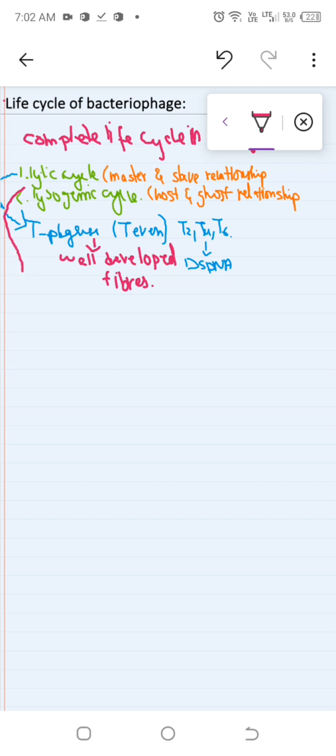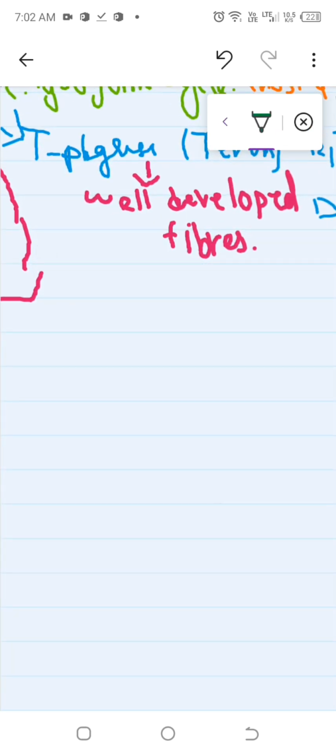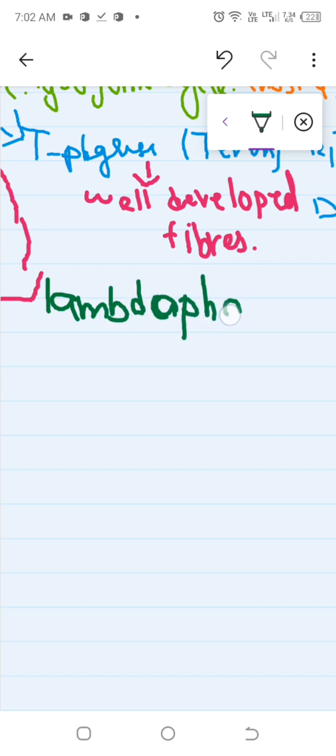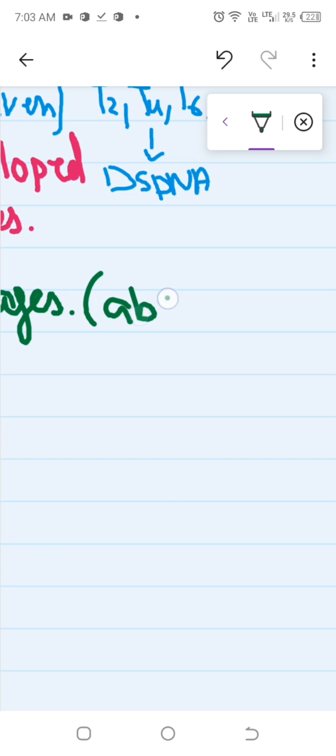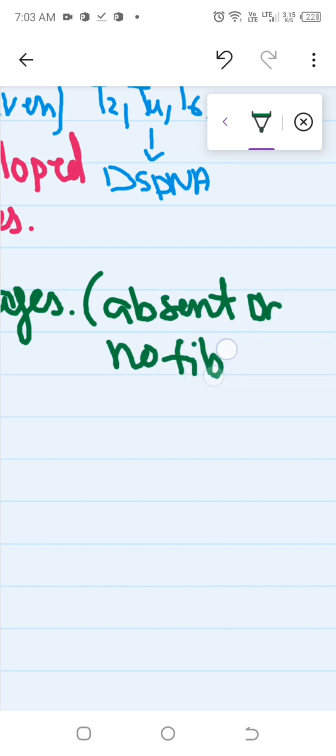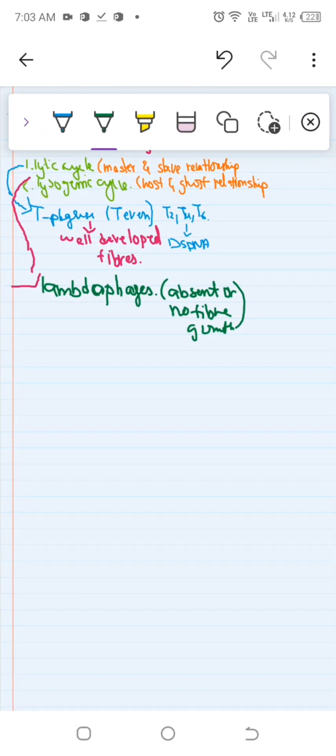The lysogenic cycle includes lambda phages, which have no fiber growth. These are used in the lysogenic cycle. Now let's see about the lytic cycle.